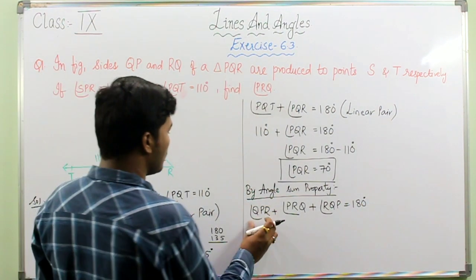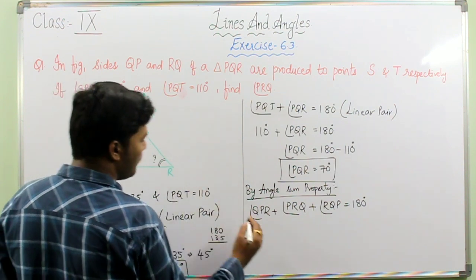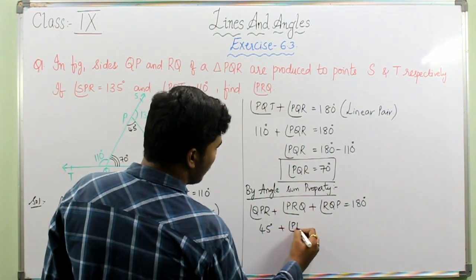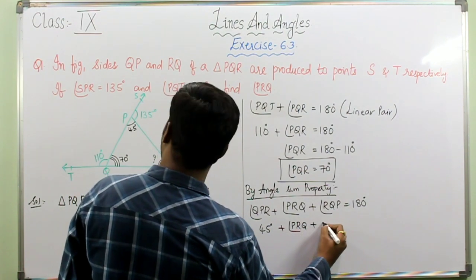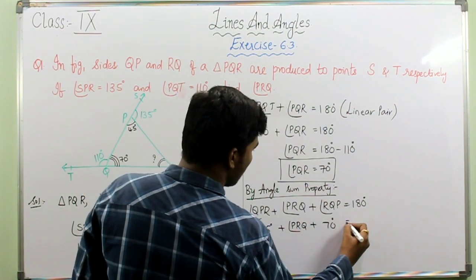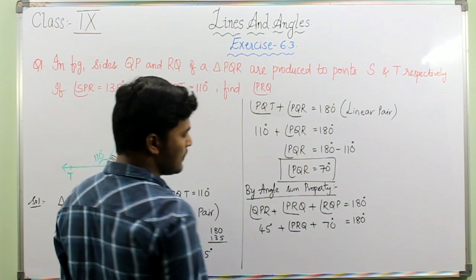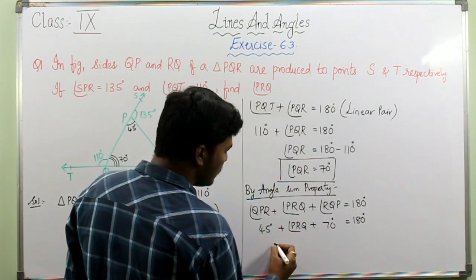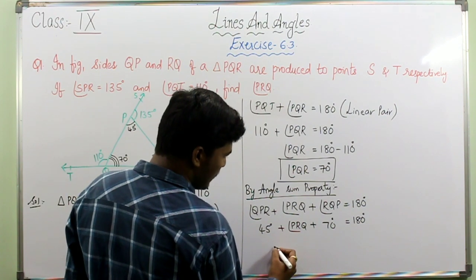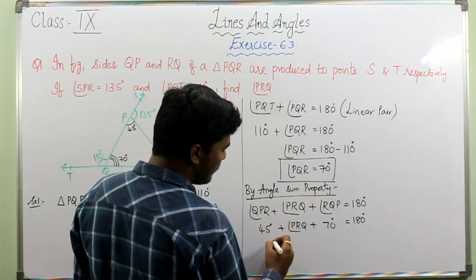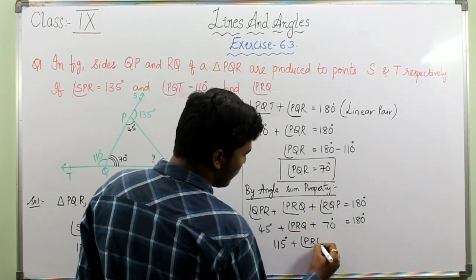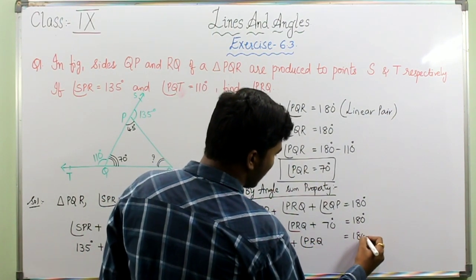Okay, so in this QPR is nothing but angle P, which is 45 degrees, plus we have to find out this PRQ, plus 70 degrees is equal to 180 degrees. So from this, 70 plus 45 will become what? 115 degrees, plus PRQ is equal to 180.